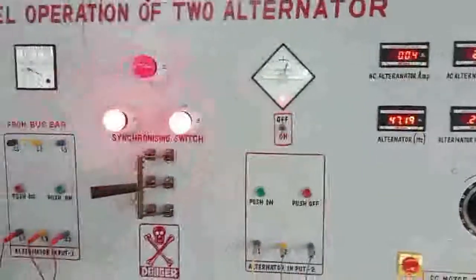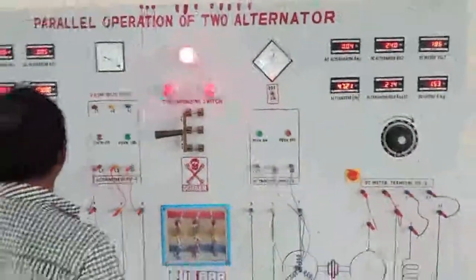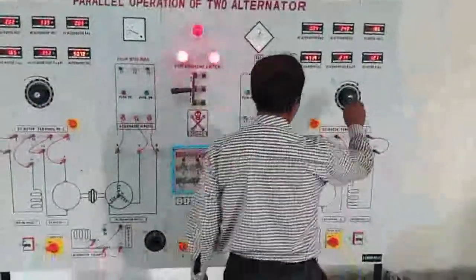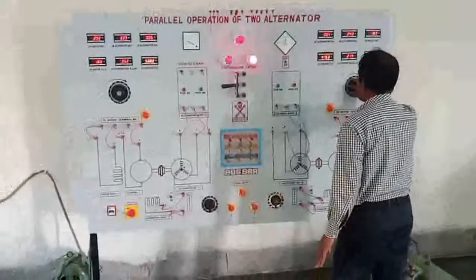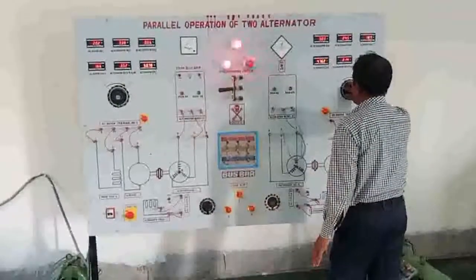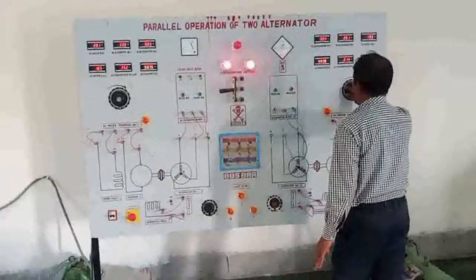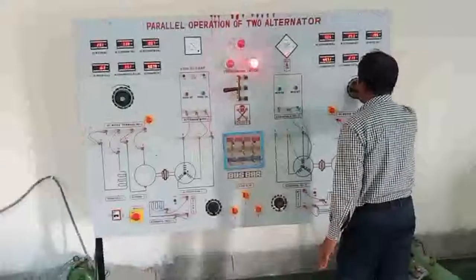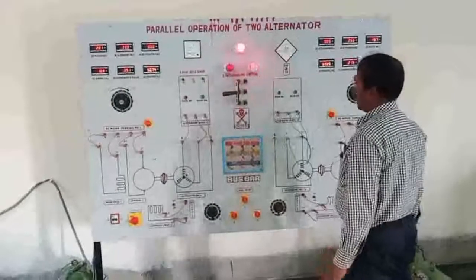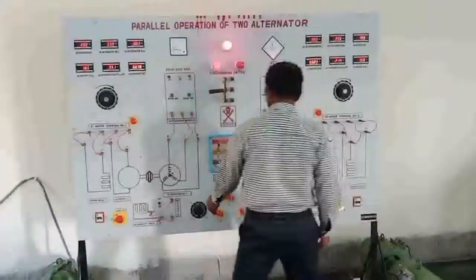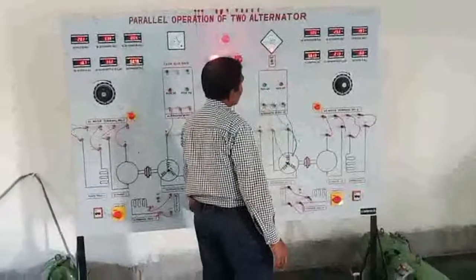So now again we have to adjust. So Srivas sir is adjusting. See, check the glow and dim of the bulbs. The frequency is changing, the speed of the change of the bulbs slows down.